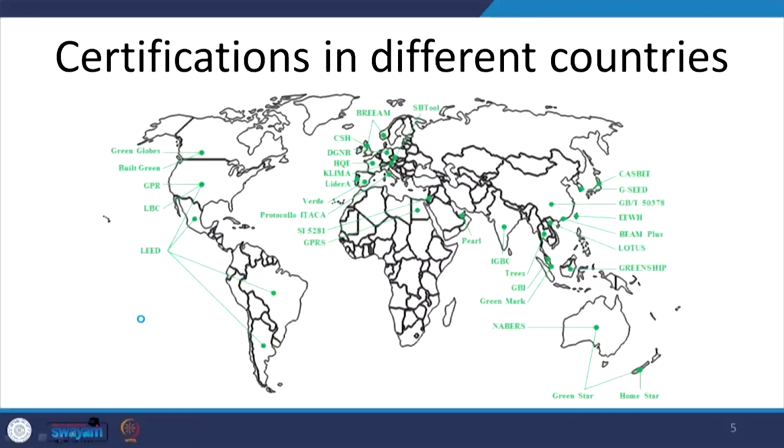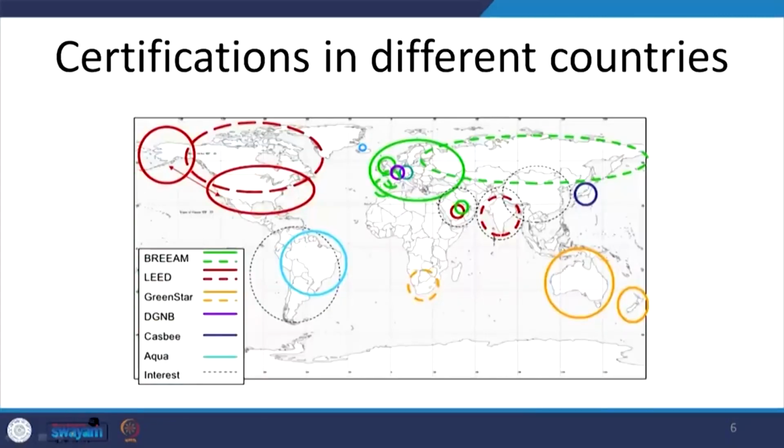And if we look at this particular global map, we see that there are more than 30 different certification programs which are practicing across the world, from LEED to Green Globes to BREEAM to CASBEE to Green Ship, Lotus, BEAM Plus, Green Star, Neighbors, Green Mark, IGBC. GRIHA is also there in India, which is missing from this particular chart. We have DGNB.